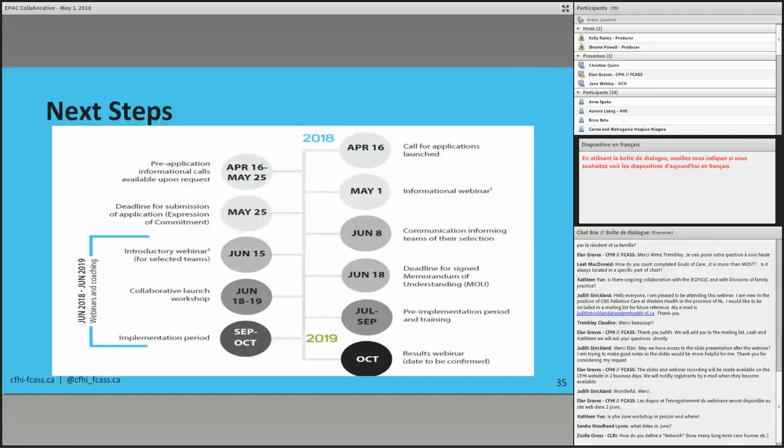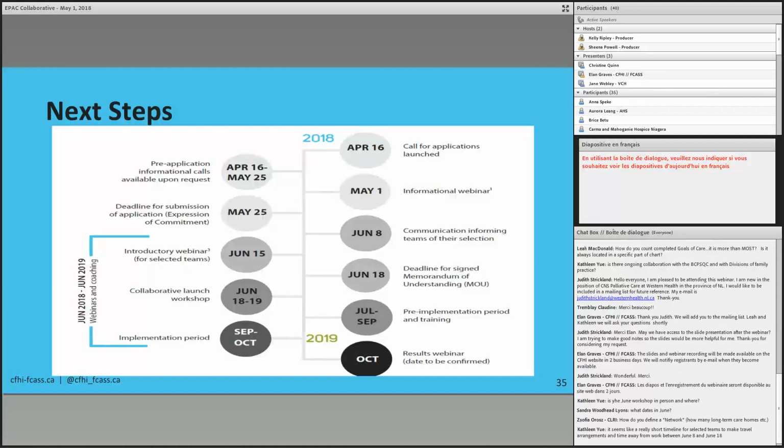The pre-implementation period will run from July to August, and during this period, CFHI faculty and coaches will support you as you plan for implementation so that in the fall your teams are ready to go. Over the course of the collaborative, we'll provide regular training through various modalities such as webinars, videos, podcasts, and other materials.